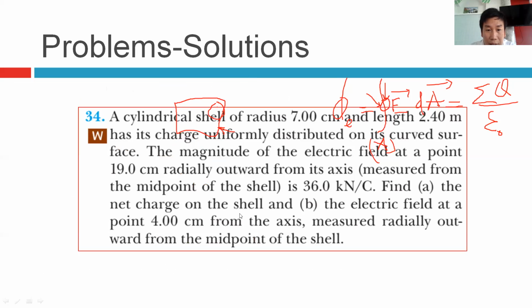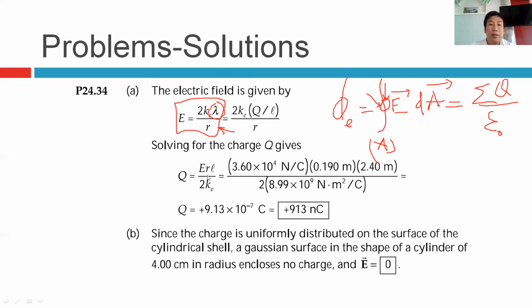Find the net charge: the net charge is also used to determine Q. So from this formula we determine lambda, and from lambda we can determine Q. The thing you need to do is just substitute the values of L, R, E, k. The problem already provides all of them.